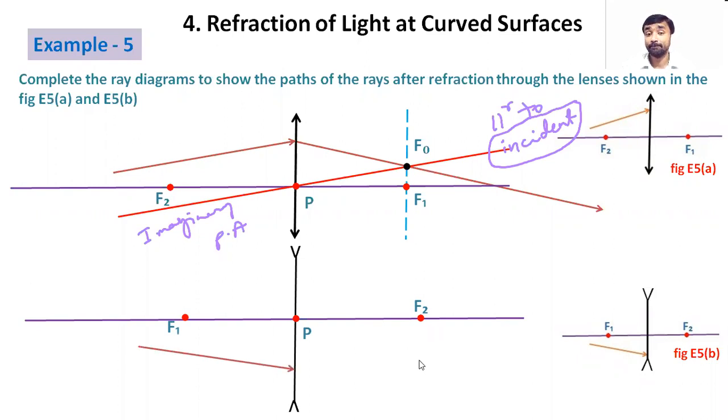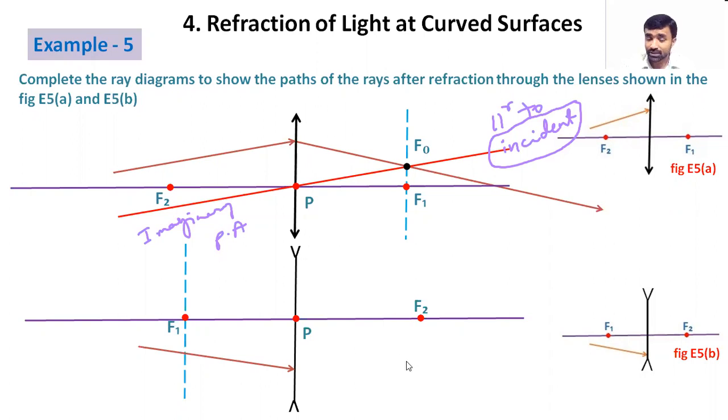Draw a focal plane here. By drawing the focal plane, we have to make this incident light ray, before refraction, parallel to the principal axis. Then it meets situation 3 here.